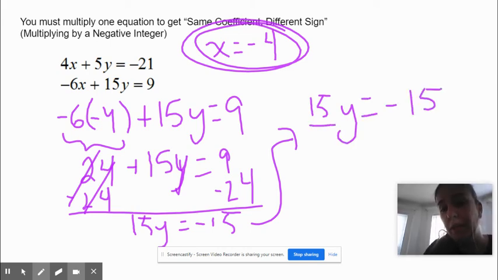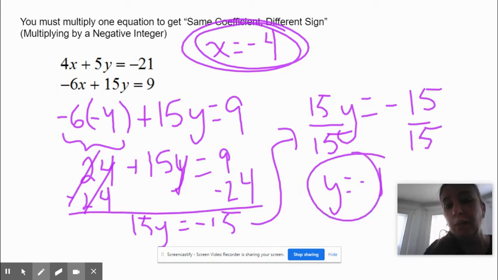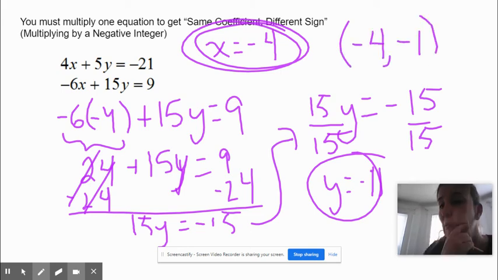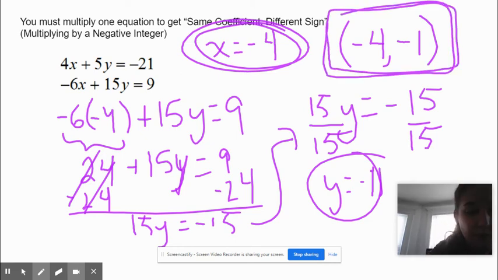So I divide both sides by 15, and y is -1, meaning my xy coordinate, x is -4, y is -1, and that is your final answer.